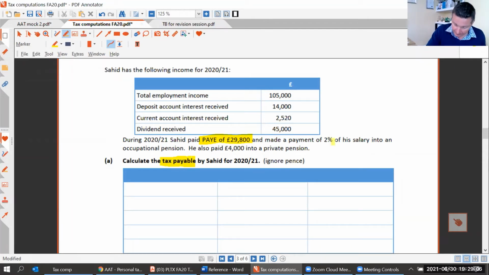He's also put some money into his occupational scheme, and some into a private pension scheme. So there's loads going on here. Straight away, you can see he's got income over 100 grand, so we've got a reduced personal allowance. In fact, it might be reduced quite a bit. And then we've also got occupational pensions and personal pensions to deal with. There is lots going on.